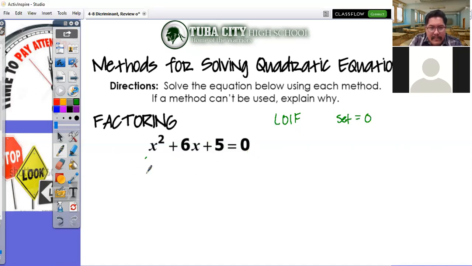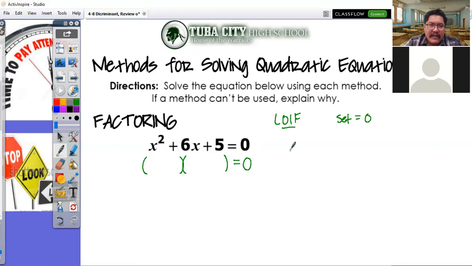So I'm going to go ahead and make my double bubble. I used to call this double bubble method, but now I call it Loif because now Loif actually makes a lot more sense, because again, you start with the last number, which in this case is a +5. So I need 2 numbers that can multiply to 5, but will add to 6.